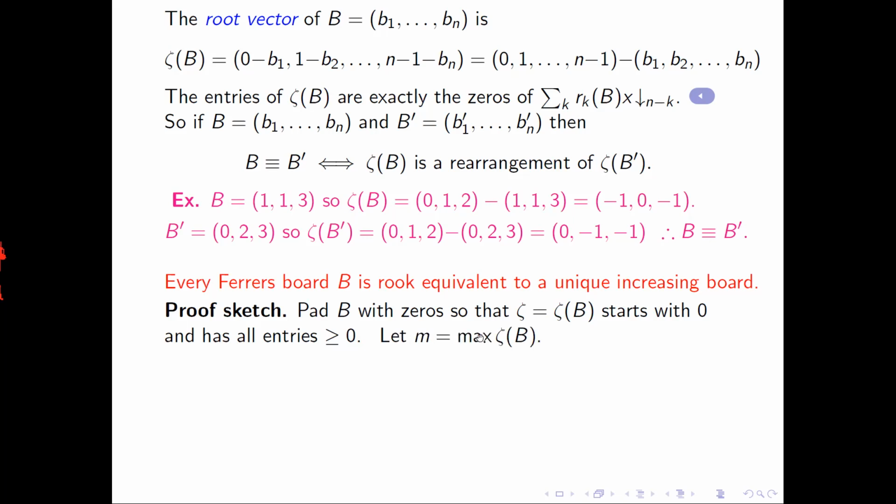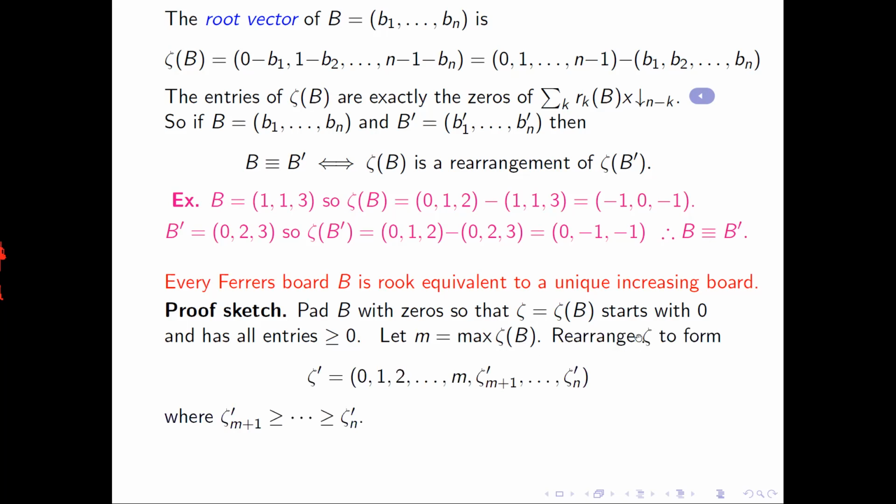Denote the maximum of this root vector by m. And it turns out, if you think about this very carefully, if you pad it with enough zeros so that this kind of thing is happening, the maximum entry, you can actually walk up to it one at a time.